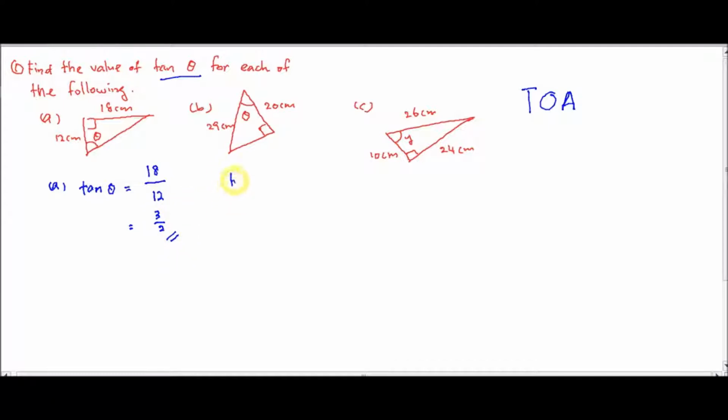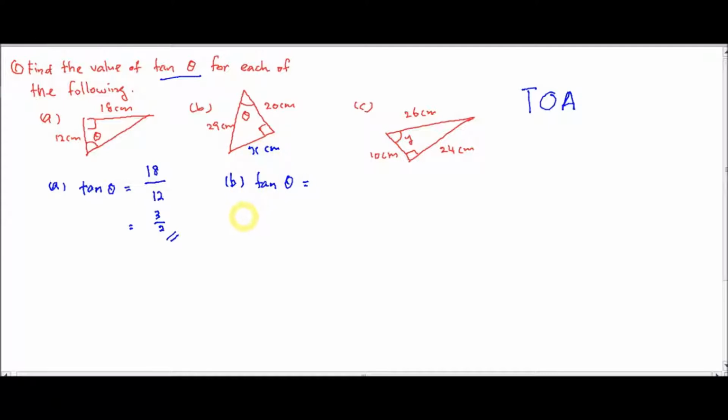How about B? Tangent theta, TOA. Where is the opposite side? Now the problem is we don't have the opposite side. Opposite is here, but we don't have the value. It's okay. We can use the Pythagorean theorem to find it. We just let it be x centimeters.